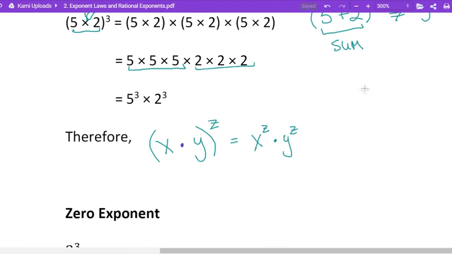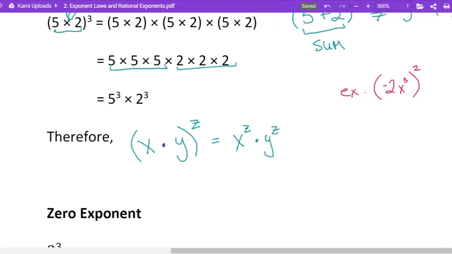So let's just take a moment to do an example here. Okay, I'd like you to apply. Let's have everyone work on this example here.